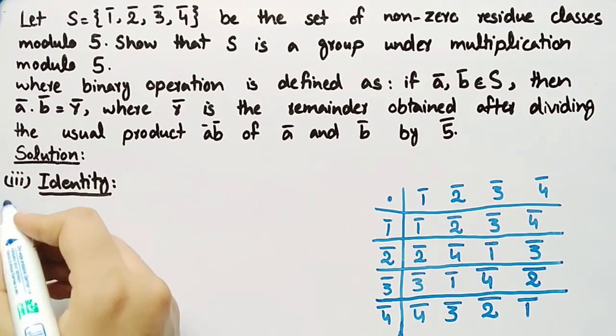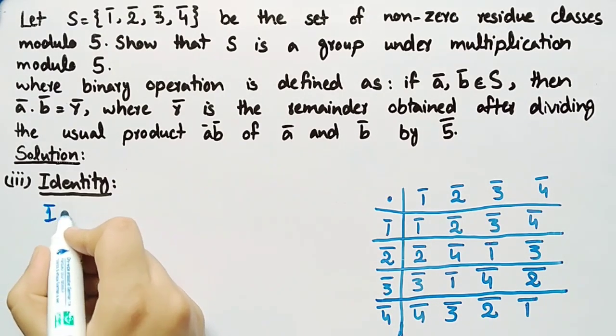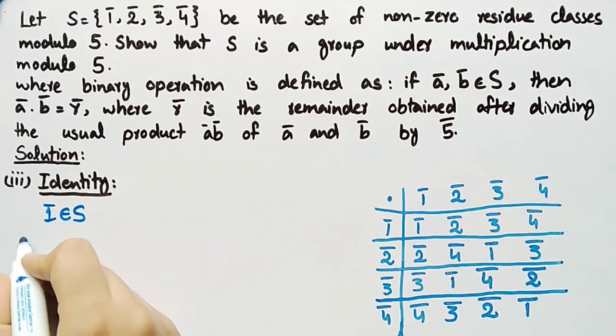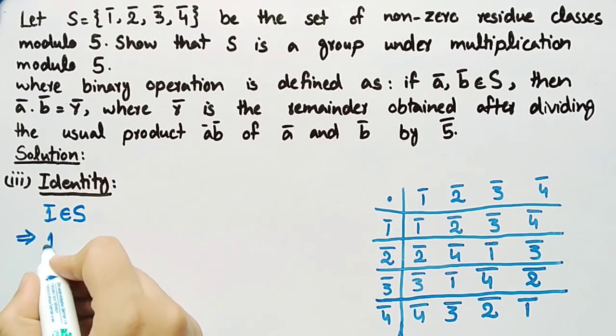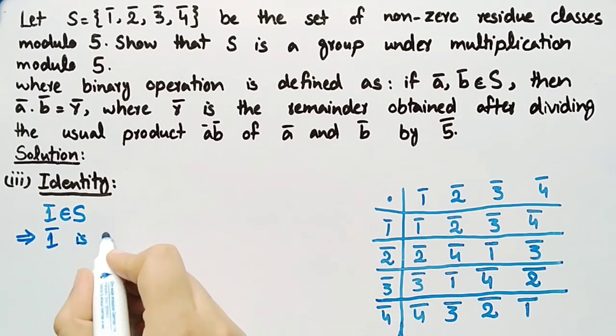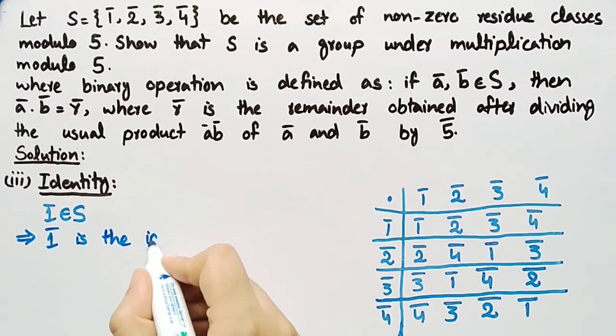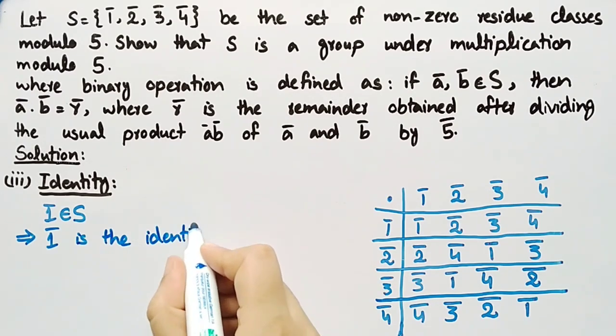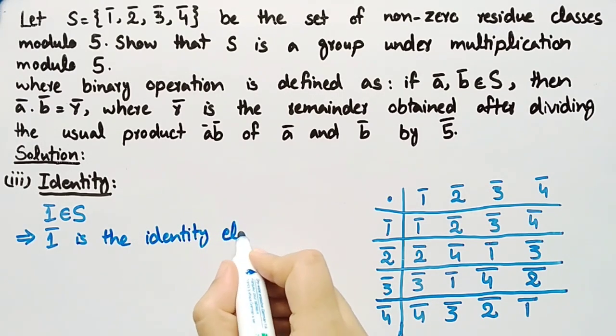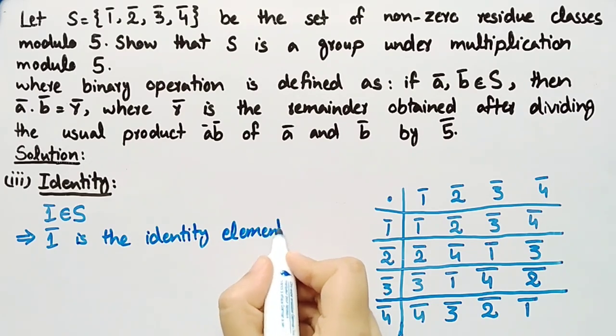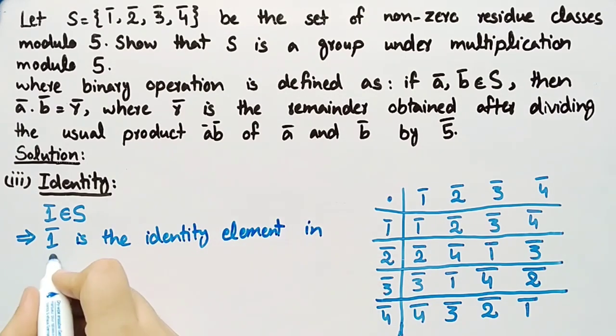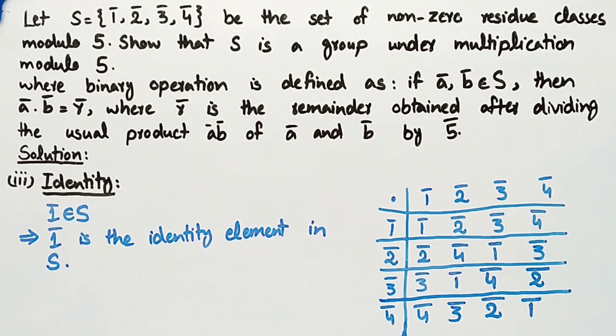We can clearly see that 1 belongs to S, which implies that 1 is the identity element in S. Since the identity element exists, the third axiom of a group has also been satisfied.